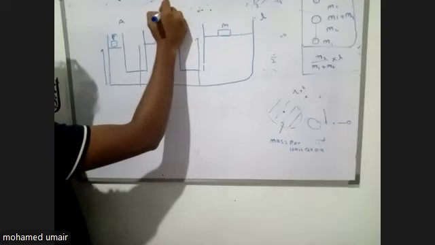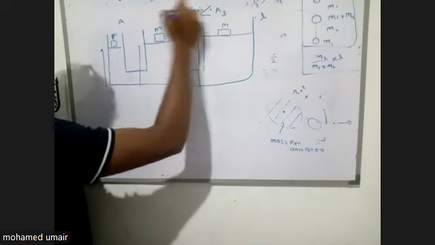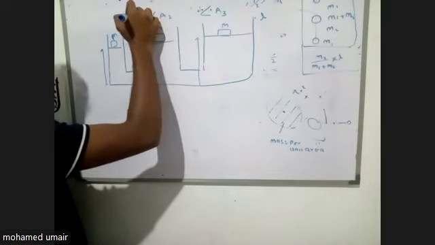Another thing, the areas are different. The areas are smaller compared to him. Okay, so the areas are different. Yeah, that's the idea, okay? Pascal's principle and some of your pressures.